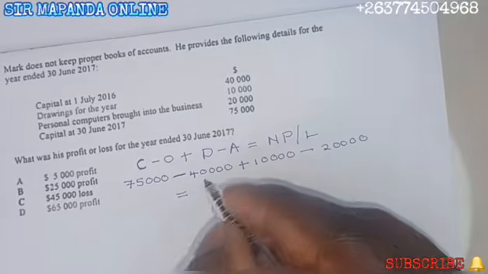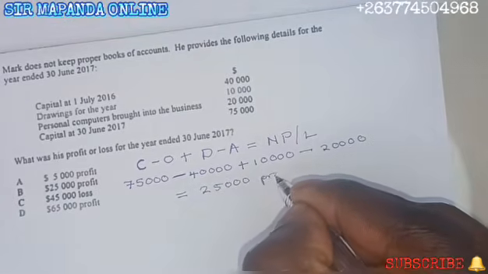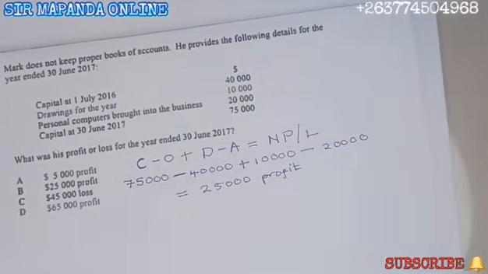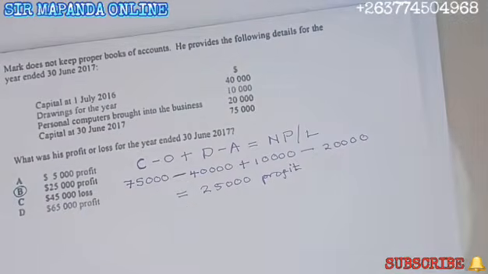Since the 25,000 is positive, it denotes 25,000 profit. If it was negative, it was going to be loss. So my answer is B, 25,000 profit. Let us move on to question number 11.